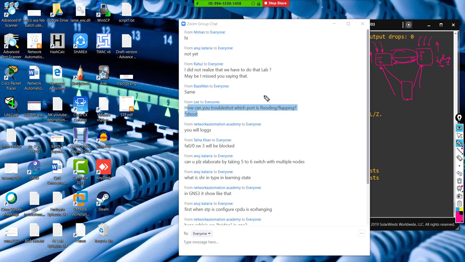So how do you find which port is flapping or flooding? It will not be limited to just a single interface. It will now be a global issue on your switch.